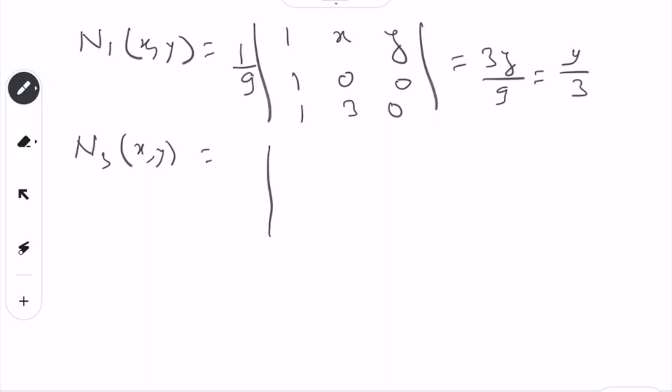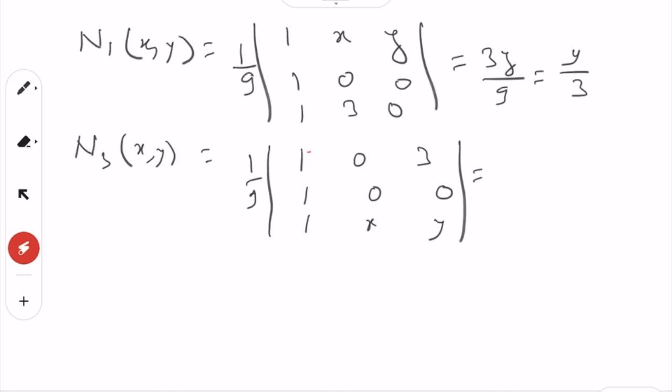And n3xy is 1 over 9 times 3x, so we get x over 3 simply.